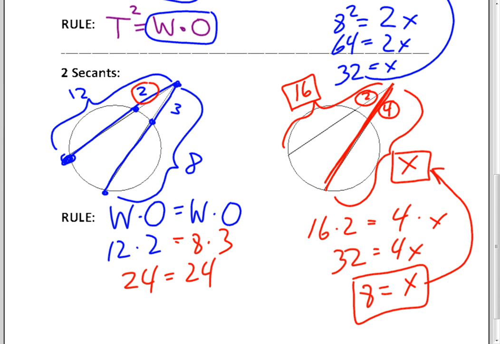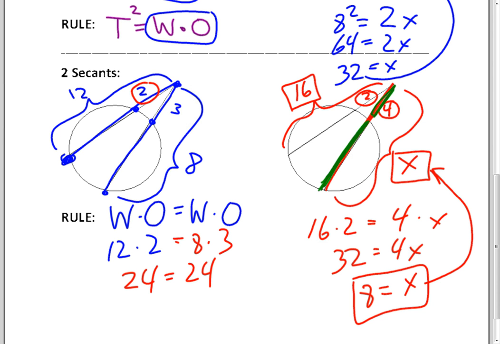All of the problems are just going to be variations on those rules. Maybe you'd have to find this distance right here. Well, that just involves a little bit of subtraction, because the 4 is part of this 8. This entire distance is 8. This portion of it from here to here is just 4.